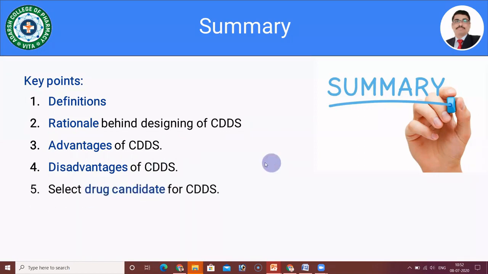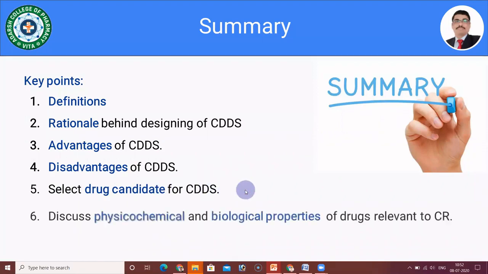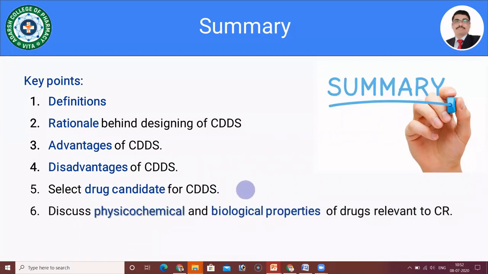Then we discussed how to select the drug candidate for controlled drug delivery system. There is a need to consider many parameters while selecting the drug candidate. Then we discussed various factors to be considered while designing controlled drug delivery systems, like the physicochemical factors and the biological factors of the drug, which are relevant to the designing of CDDS.